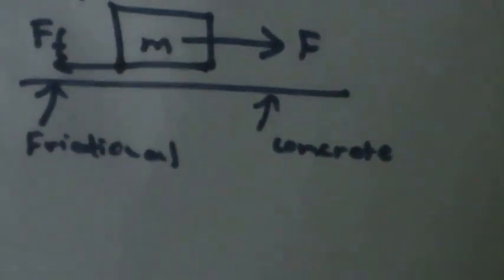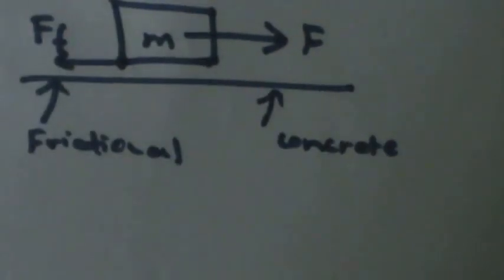But if F increases greater than Ff, the object will move in this way. If F is equal to or less than Ff, the object doesn't move, because frictional force will not let the object move. Say F is equal to 10 and Ff is equal to 18 newtons. So there's a net 8 newtons in this way.